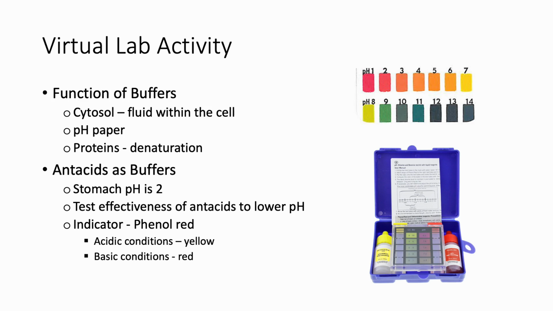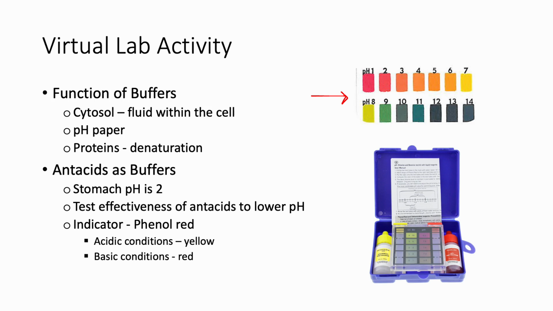One way that you're going to look at the capability of cytosol to be a buffer solution is with pH paper. Over to the right here, I have an image, and you can see this pH paper is based on color. So pH of 1, we have this dark pink color, and then it gets lighter pink, orange, yellow, green, all the way to very dark blue.